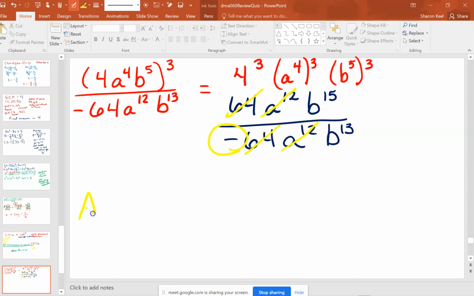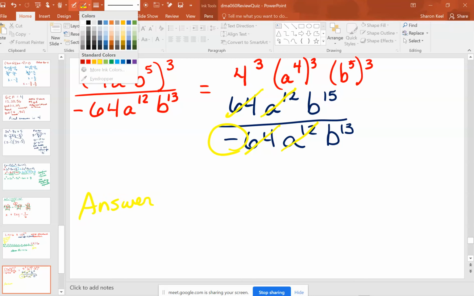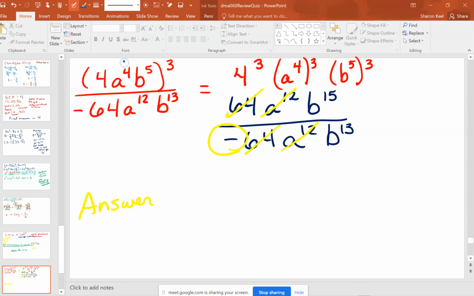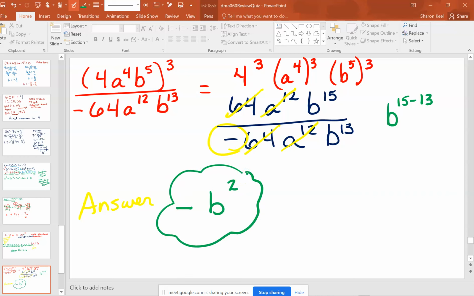So when you do your final answer, you have to remember to bring down the negative. All we have left are the b's. For the b, we're going to do 15 minus 13, and that's going to give you a 2. So your final answer is going to be negative b to the 2nd power.